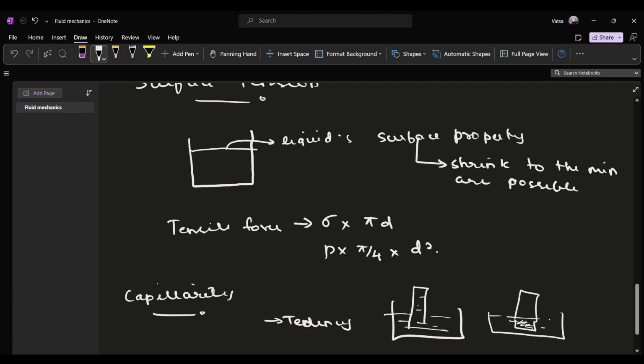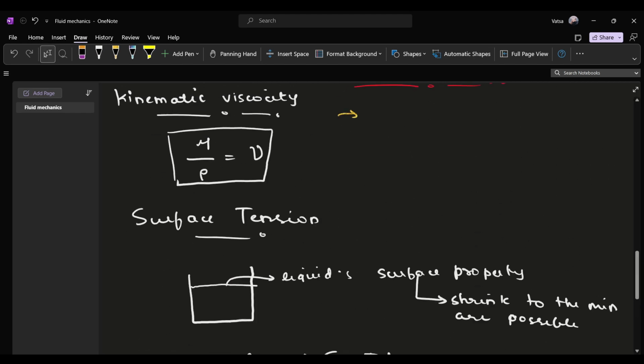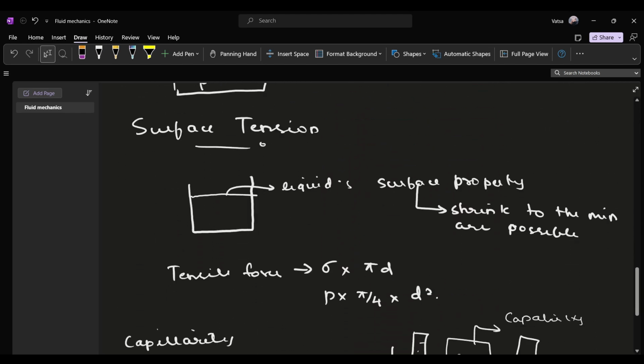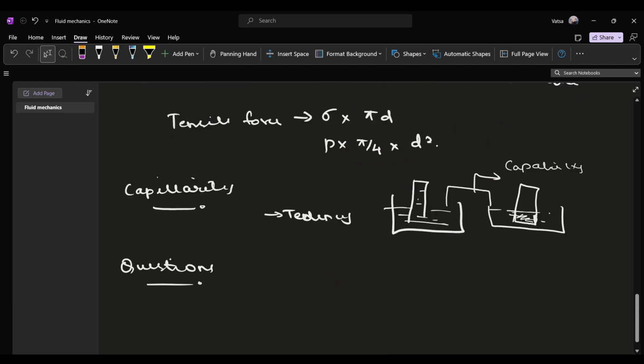This place would be empty, the place where this is inserted. So this phenomenon is known as capillarity. Hope that's clear. Now we can start with some questions. These are just basic terms. I'll come again after I do questions on viscosity.